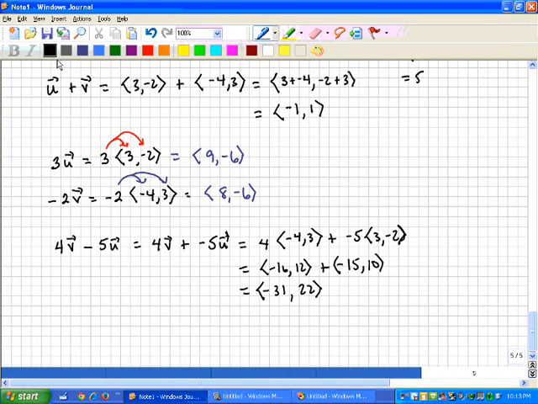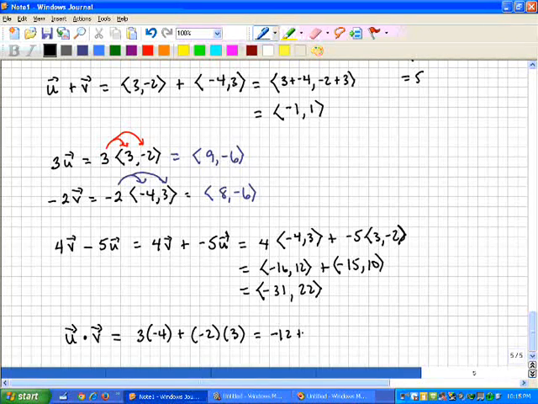Another vector operation is called the dot product. This is not multiplication like you're accustomed to. The dot product, u dot v, is given by the product of the horizontal components plus the product of the vertical components of the two vectors.